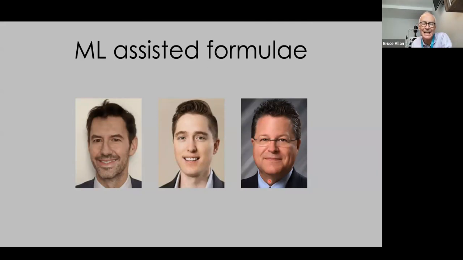And if we could predict that accurately, then we can get much more accurate refraction outcomes because everything else is known. So these three formulae all incorporate a form of machine learning based on tabulated data to improve the prediction of the position of the intraocular lens in the eye after surgery.